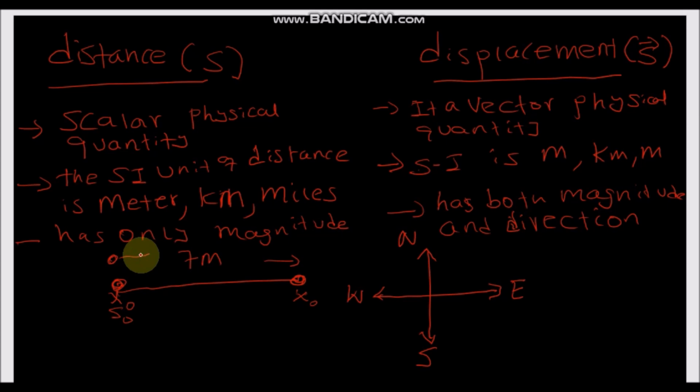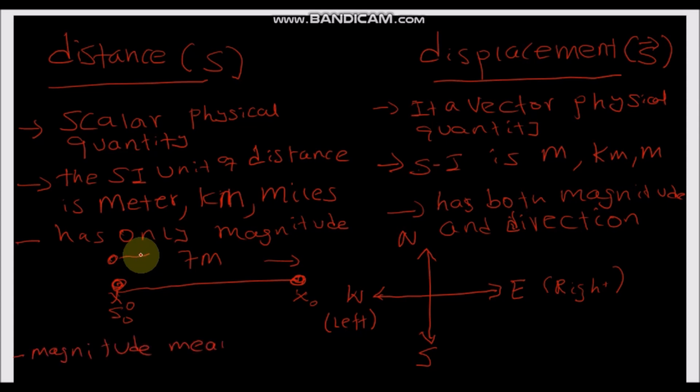Again we can write this as right, left. Okay, north, south, east, west, these are the directions. The magnitude means the value.